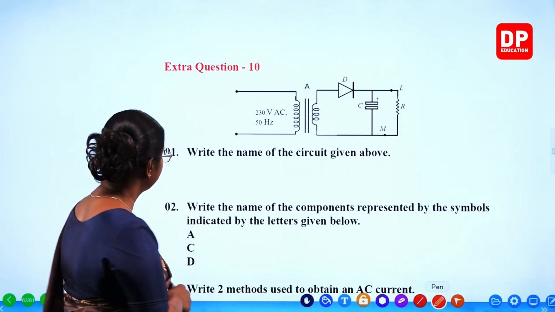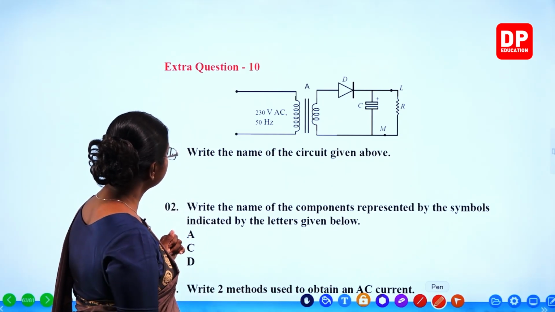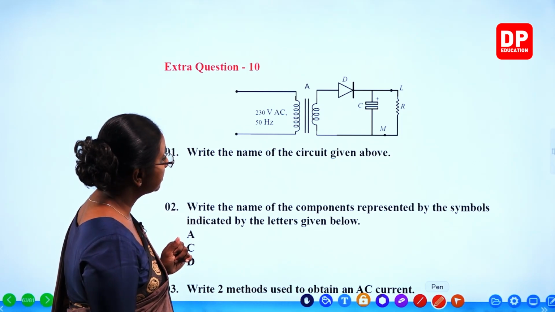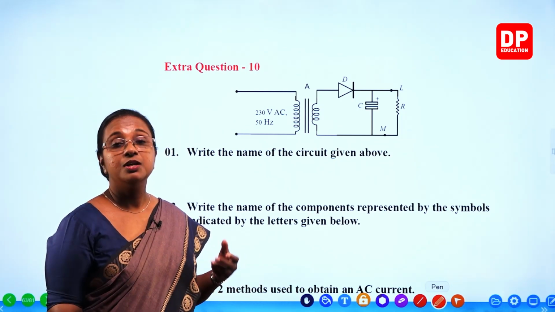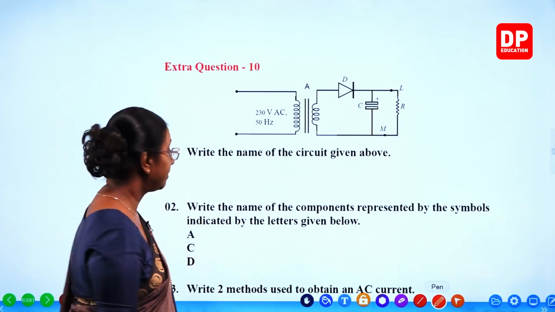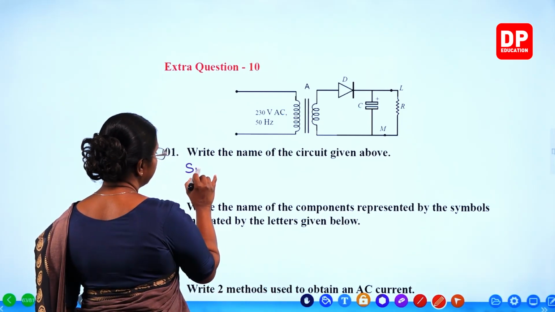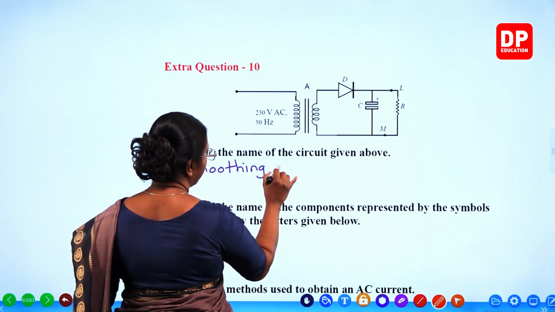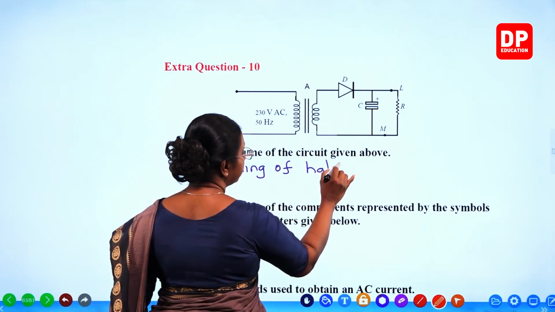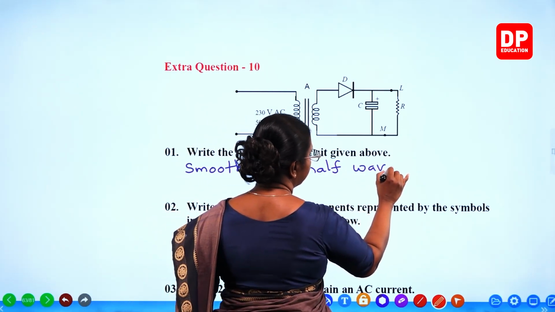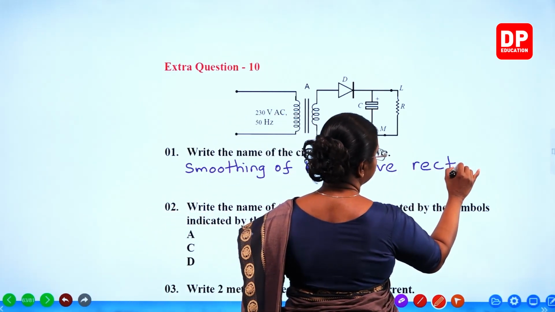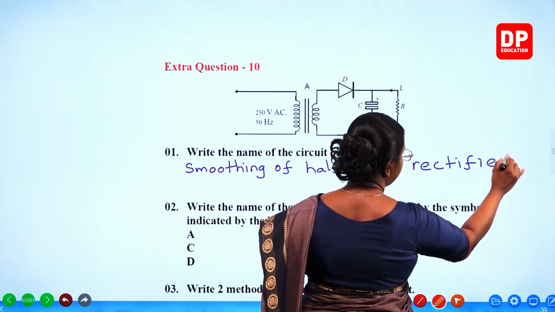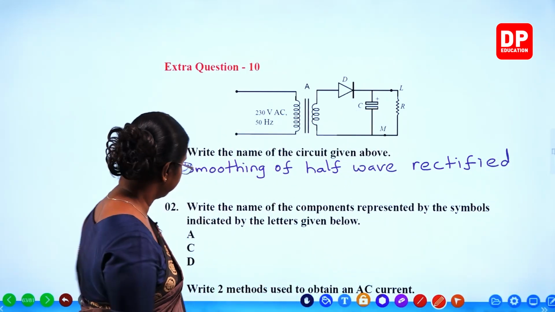You can remember that. So, the first question, write the name of the circuit given above. Smoothing of half-wave rectified. You can say rectified or rectified current.